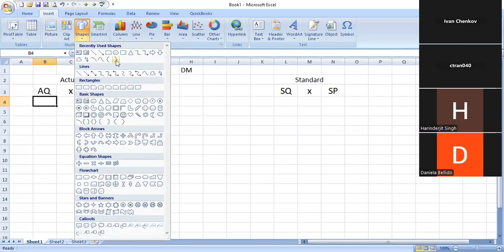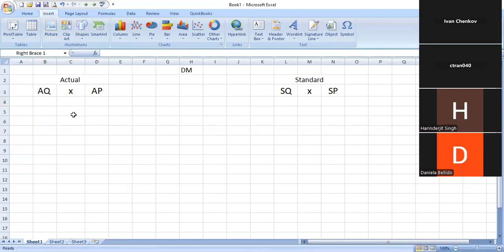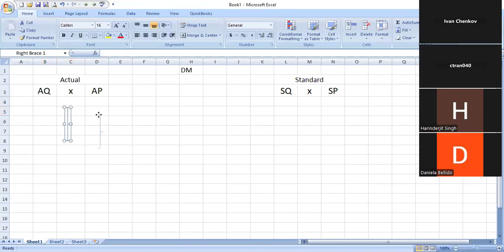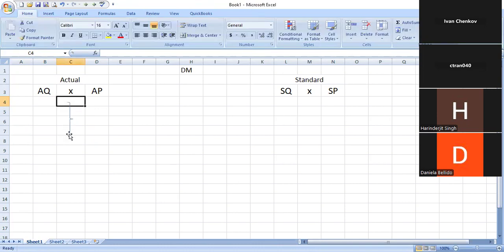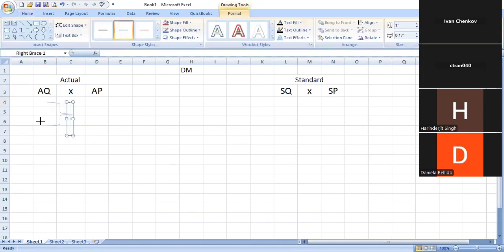So let's make it more fancy here. That will be our standard cost, actual cost here. Let me find out how I can circle it from left to right. Okay, and then stretch it to get what I wanted.